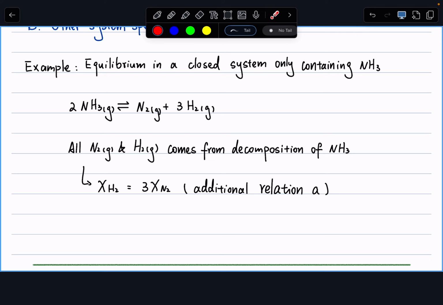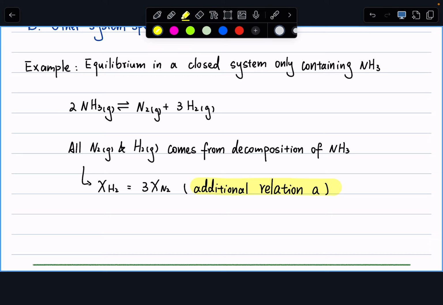Or if we're looking at the relationship between the mole fractions, this relationship will be fixed based on the stoichiometric coefficients. In this case, the mole fraction of H2 will always equal 3 times the mole fraction of N2. And this is called an additional relation, abbreviated with A. I wish I could give you a more general description, but unfortunately, these are called system-specific restrictions for a reason.